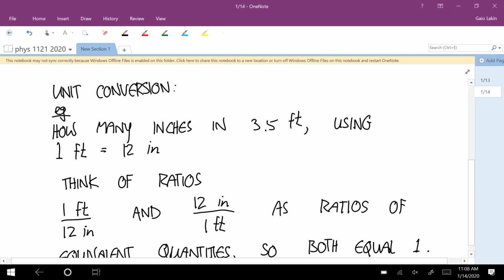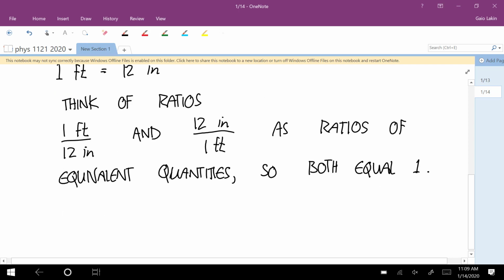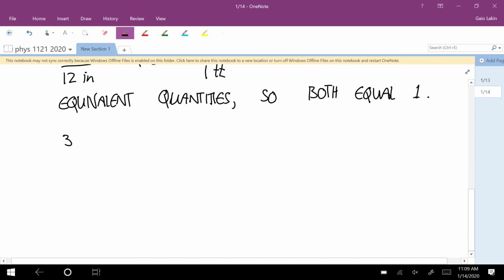So we're going to take that 3.5 feet, that's our starting value, and we're going to multiply it by one of these ratios, okay? And that's going to change the units without changing the actual thing that it represents, okay? So 3.5 feet.